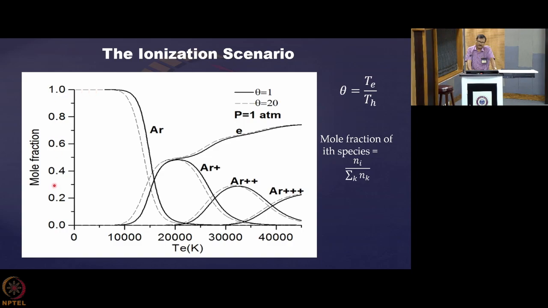Now the mole fraction I have plotted over here. The mole fraction is the number density of the particular species divided by the total number density. Initially the gas is only argon atoms, and the total density is also that, so that ratio is 1. As you keep on increasing temperature, at around 10,000 degrees Kelvin you are seeing that the argon starts getting ionized, and that is the first ionized state.